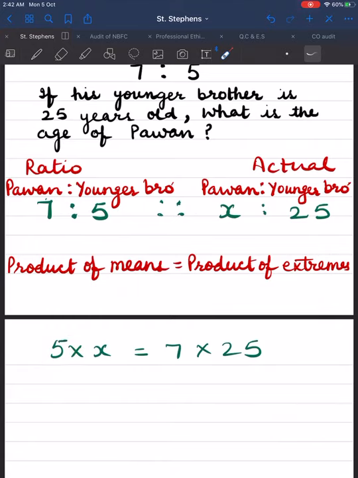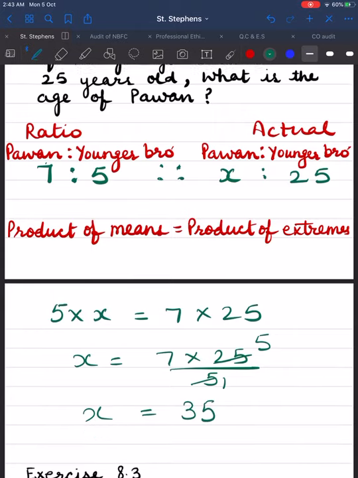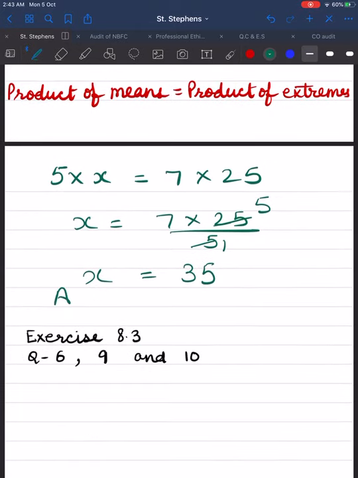So it will get divided. So we have X is equal to 7 into 25 upon 5. So 5 ones are 5, 5 fives are 25. So X is equal to 7 fives are 35. So it means actual age of Pawan is 35 years.